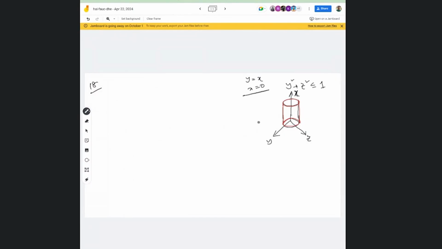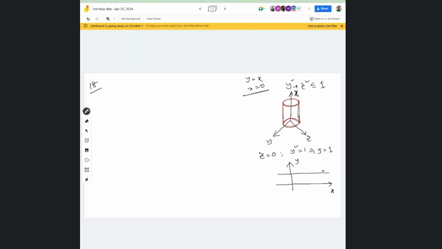So if we want to find y equal to x, we have to find out where z equals 0. If z equals 0, then we have y square equals 1, in other words, y equals 1. So where does y equals 1 lie? This is y equals 1, x-axis, y-axis.